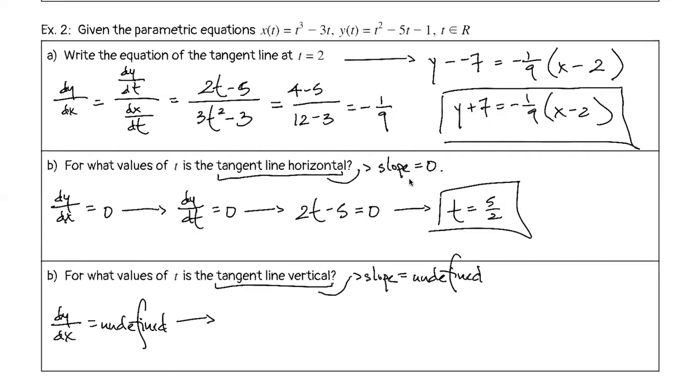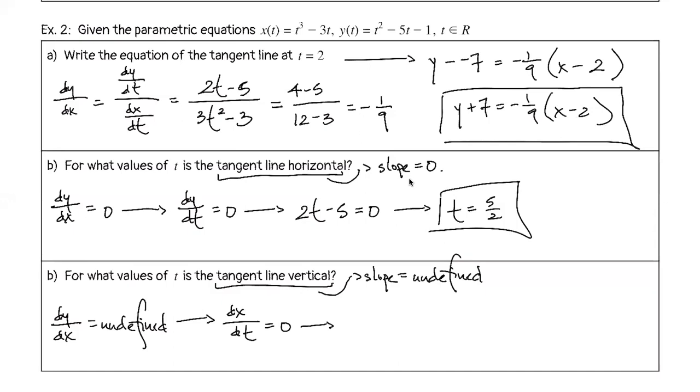And that implies that dx/dt equals 0, okay? So when the denominator, the dx/dt part, equals 0, you're going to have a dy/dx that is undefined, which is the same thing as saying that the tangent line there is vertical, okay?